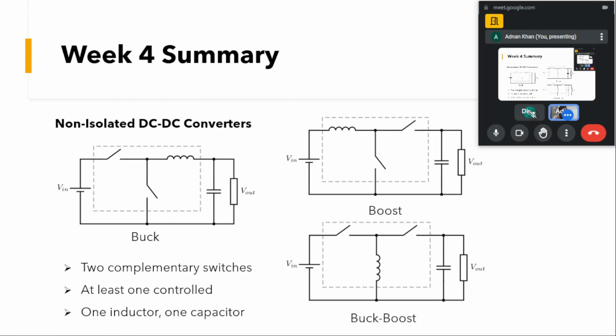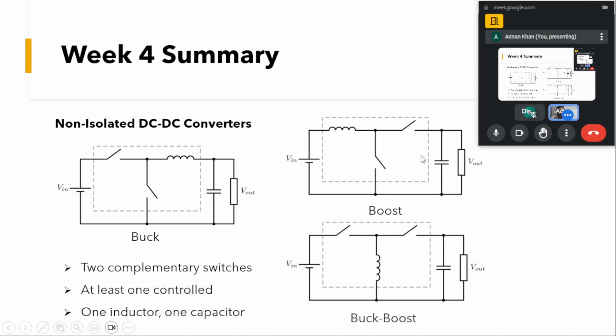For these switches, at least one of the switches should be a controlled one, because we need to control that switch in order to achieve a particular goal at the output. If we want buck operation, we will switch the device in the buck converter in a way that gives us that kind of average voltage at the output.